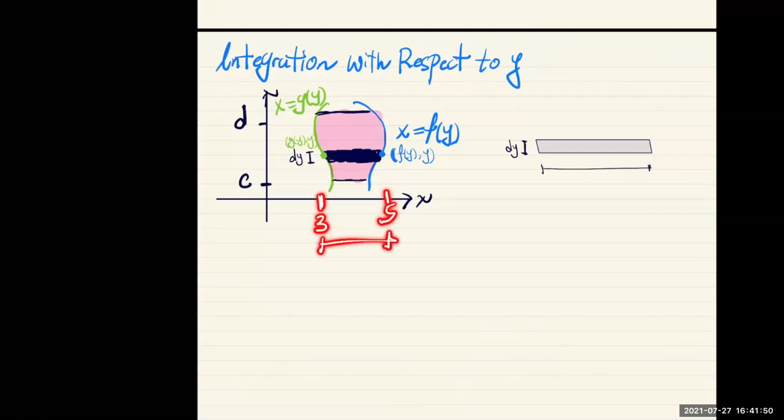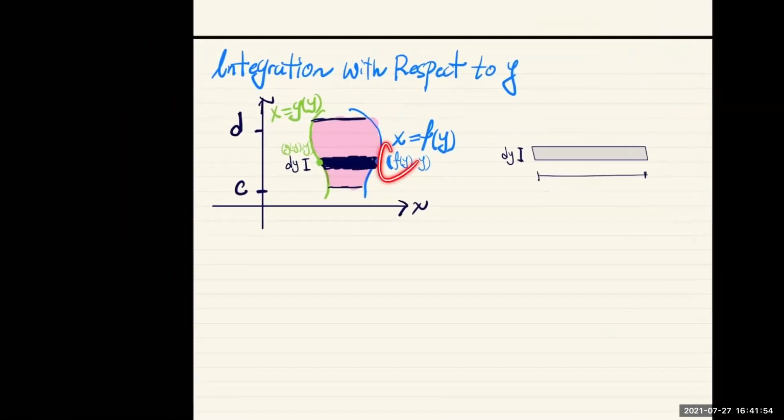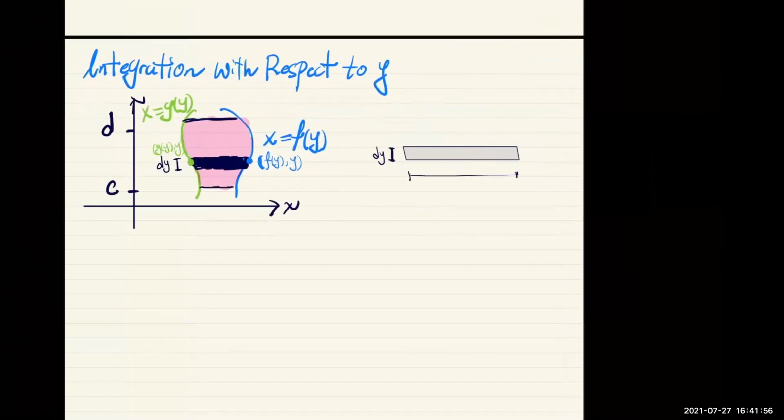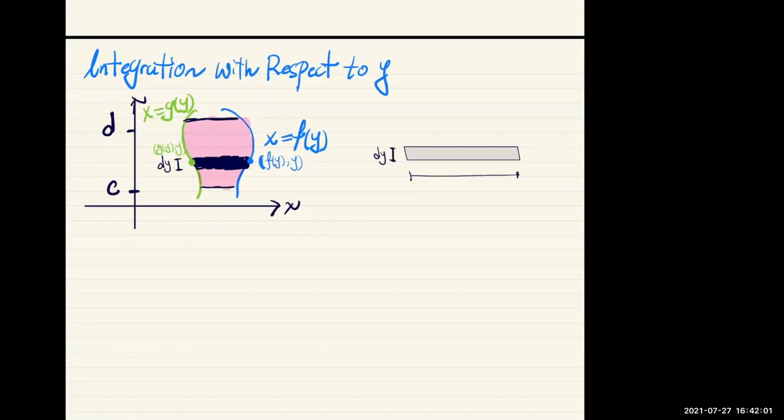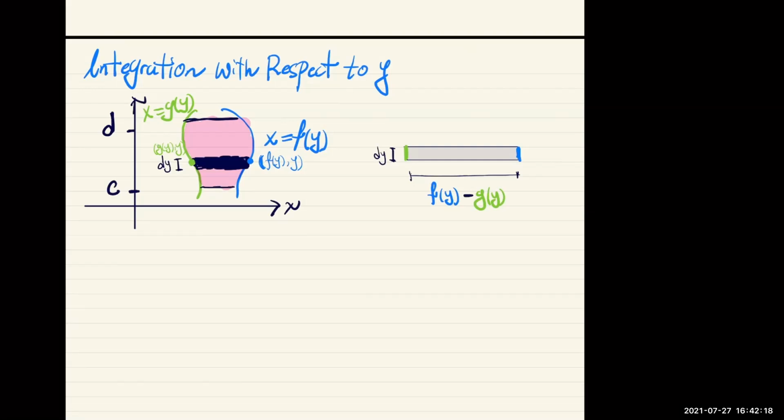So you do 5 minus 3, that gives you 2. Again, you take this x minus this x. So that length is going to be f of y minus g of y. And we are assuming here that f is bigger than g.